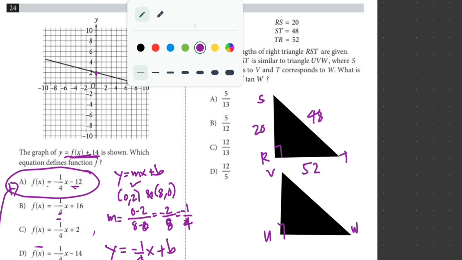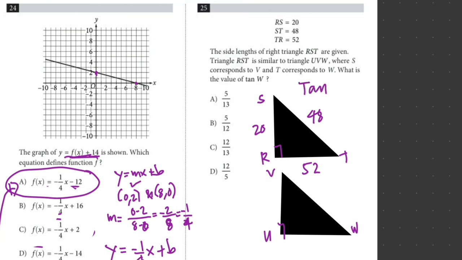Oh, it says here tangent W. So tangent of W is, okay, this is W, that is 20 over 52. And we can reduce that. They're both divisible by 2. So that is 10 over, what is 52 divided by 2? 26. And we can further reduce this to 5 over 13.